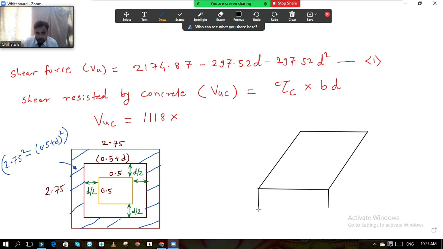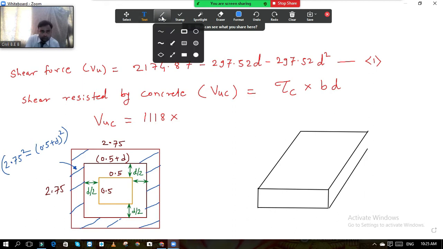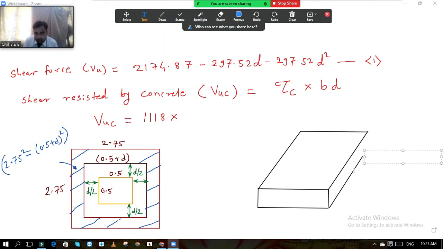This is also the depth. Okay, so on that side also I will draw it by dotted line.